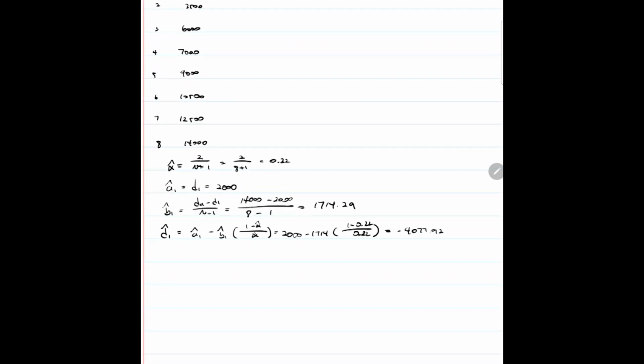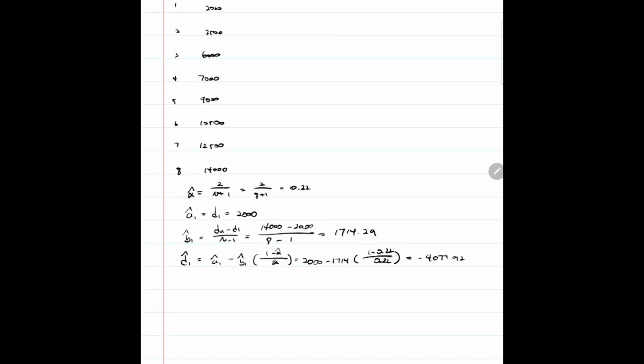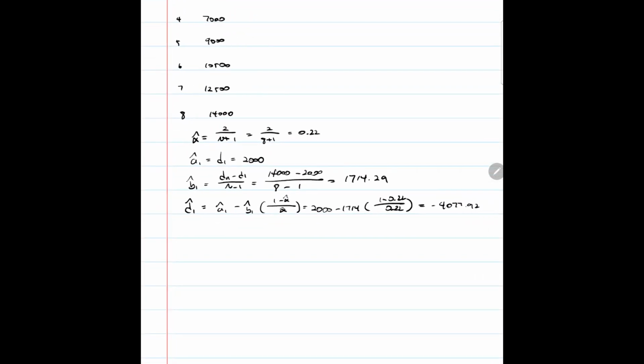It came out negative because difference between demand on period 1 and demand on period 8, there are huge difference. So this part came out larger than a demand on first period. That's okay because it's gonna get increased as we going on.